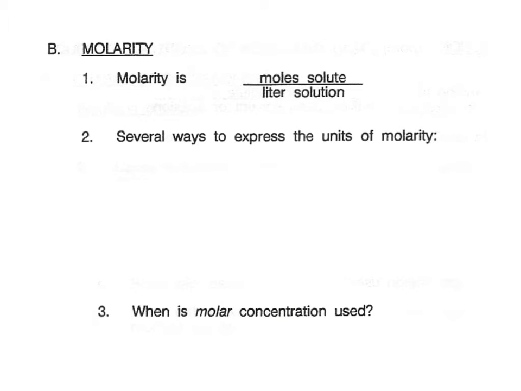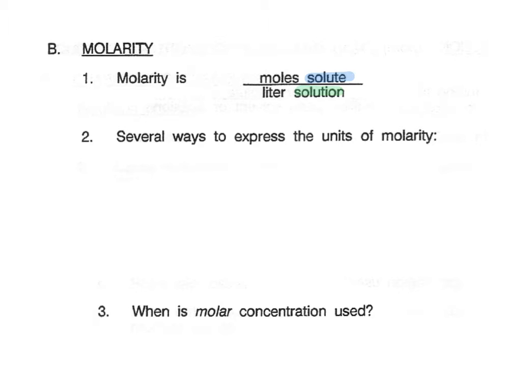To start off with, we need to know what molarity is, and molarity is defined as the number of moles of solute per liter of solution. As we've seen previously, in general, our concentrations are going to be solute on top, solution on the bottom, and that's going to be true for all of the ones that we do calculations for. Solute on top, solution on the bottom.